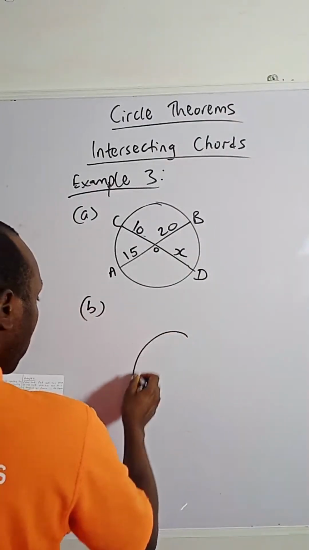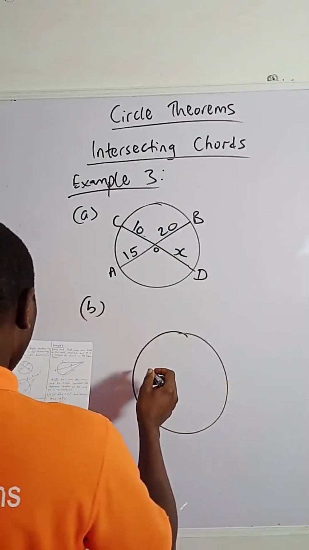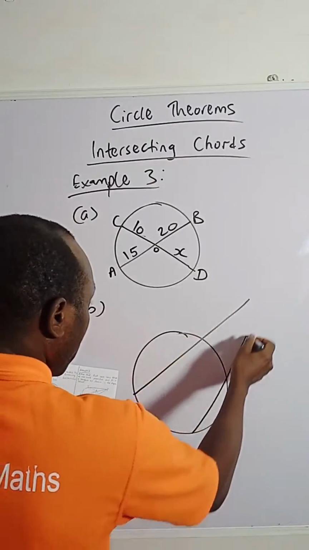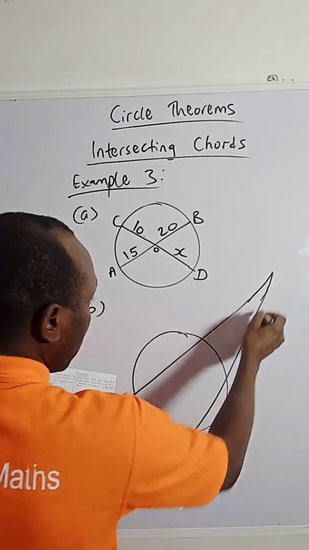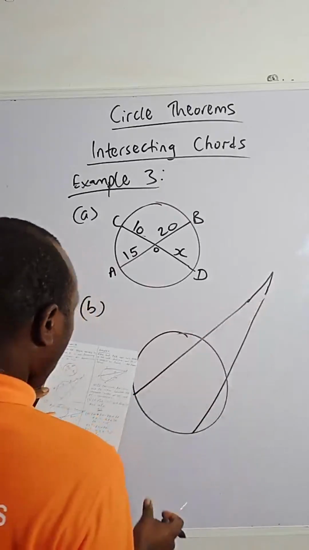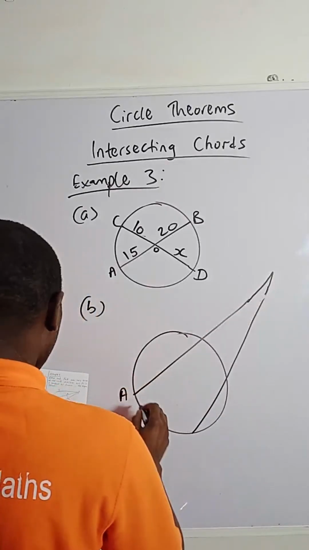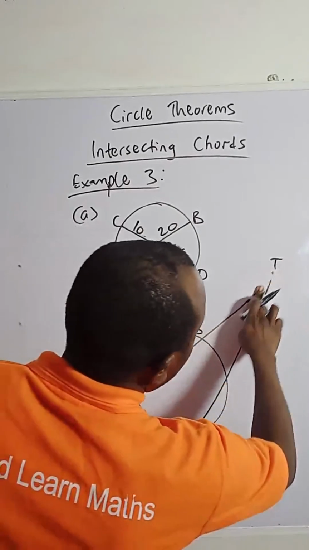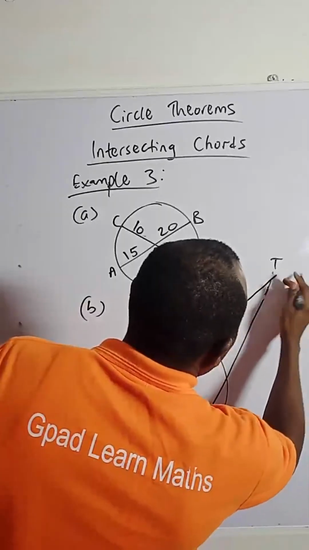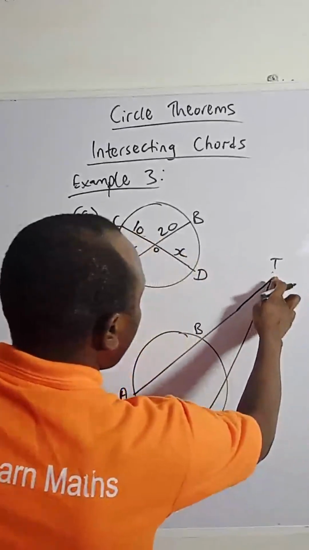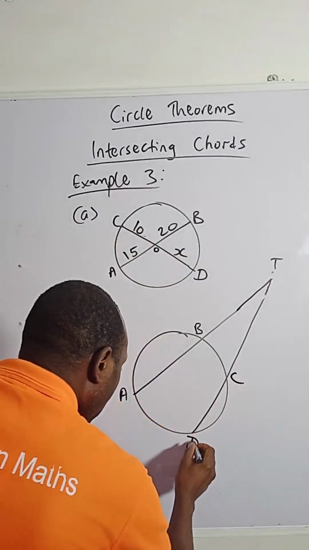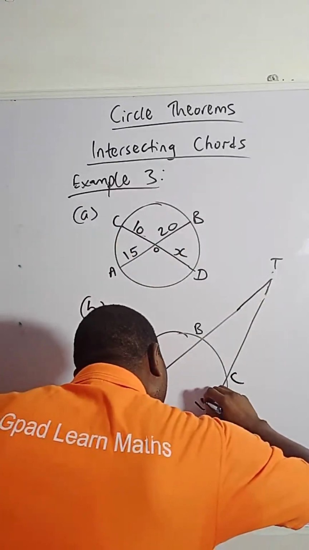The other one. This is A, B, T. This is C, this is D, and this is 12.